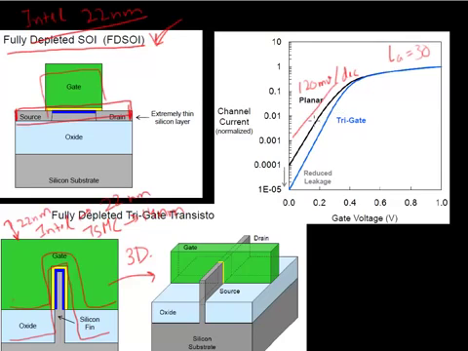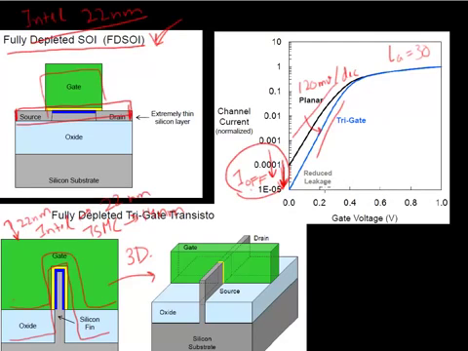This tri-gate device brings you back to that original subthreshold slope, so it improves your subthreshold slope. Also, it decreases your off current, so you improve your leakage performance. You reduce your off current, which is very important for reducing the standby power and so on.